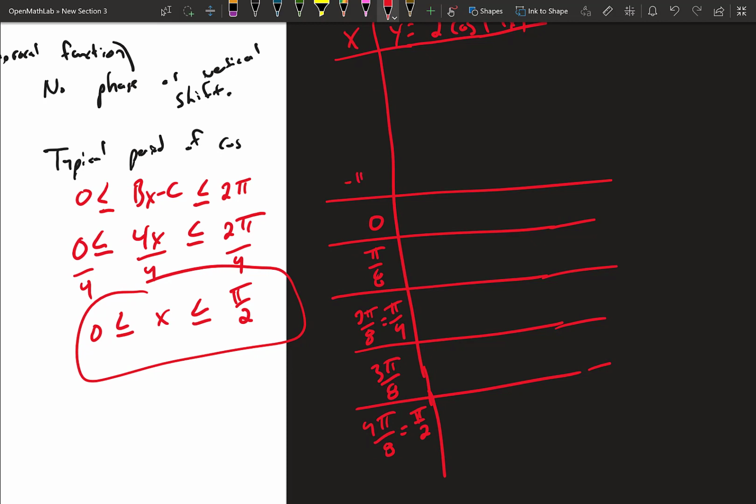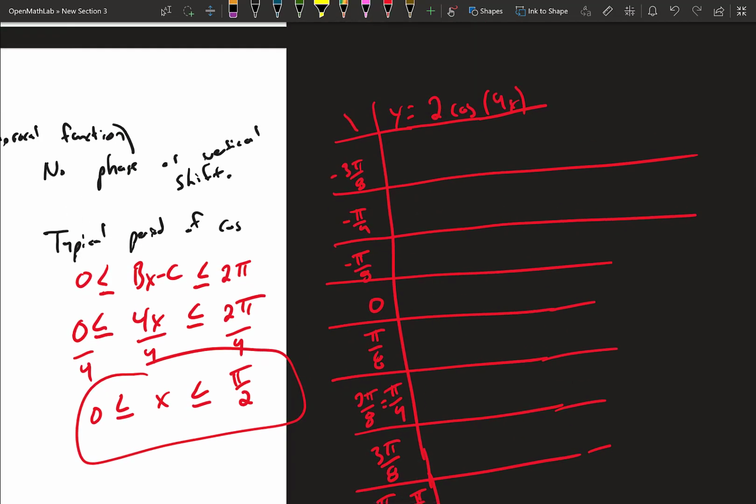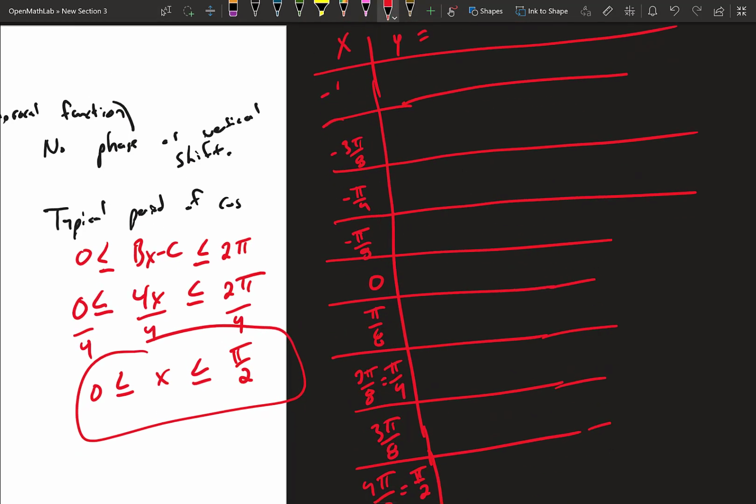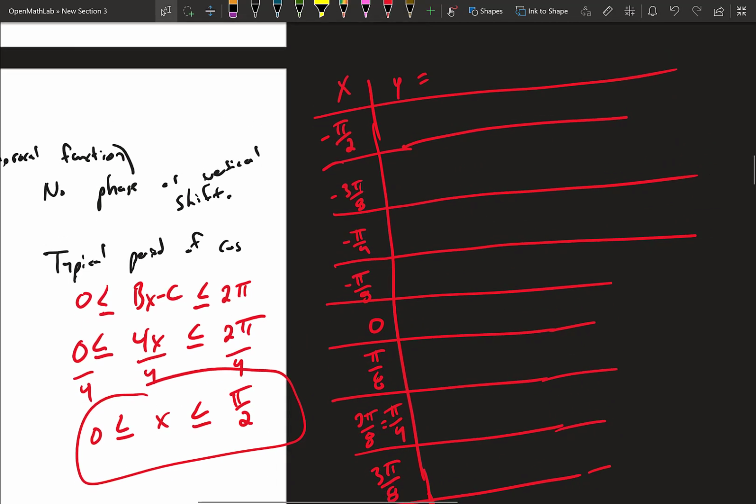So I would have negative pi over 8, negative pi over 4, and then negative 3 pi over 8, and then negative pi over 2. Right, and this was y equals 2 cosine of 4x.